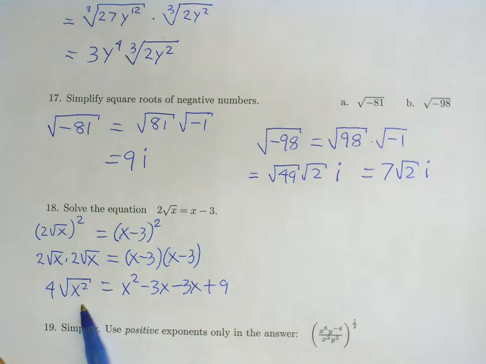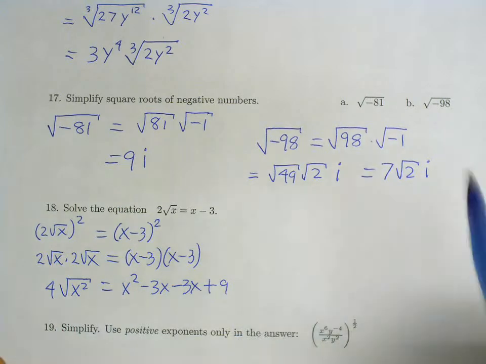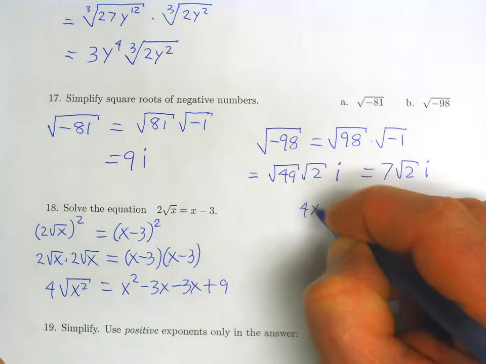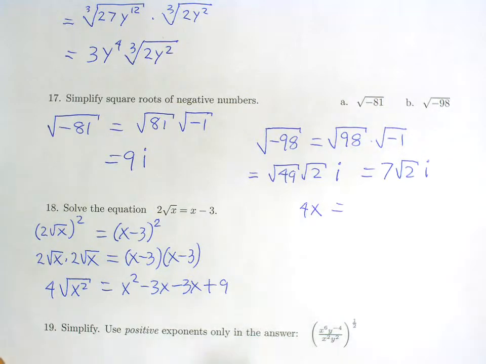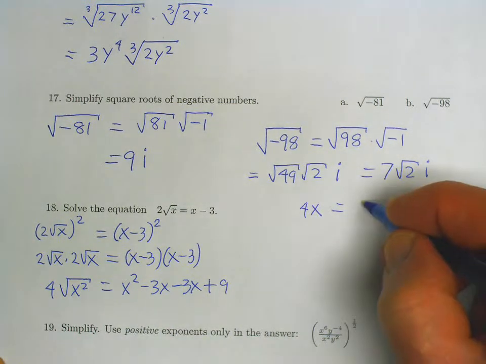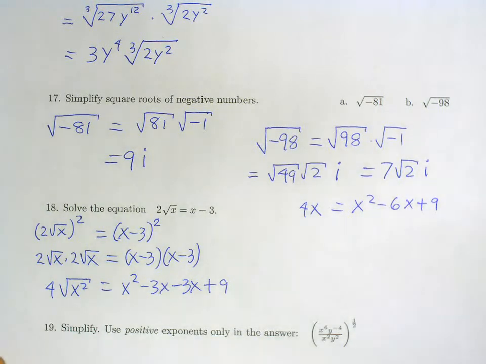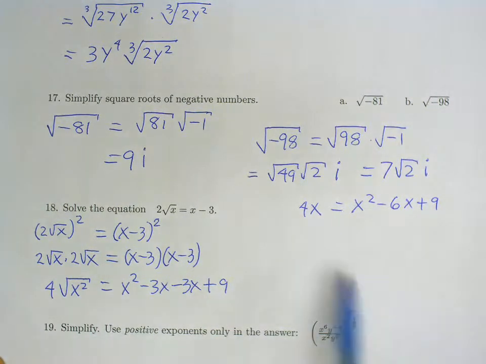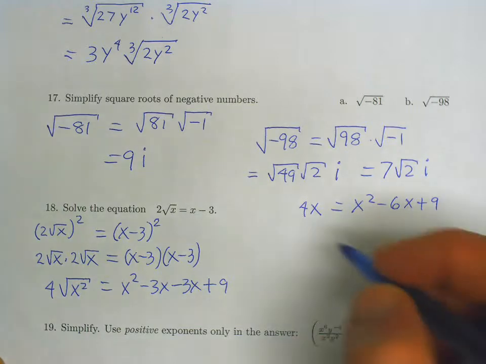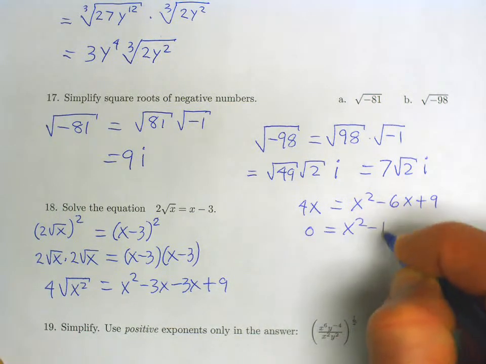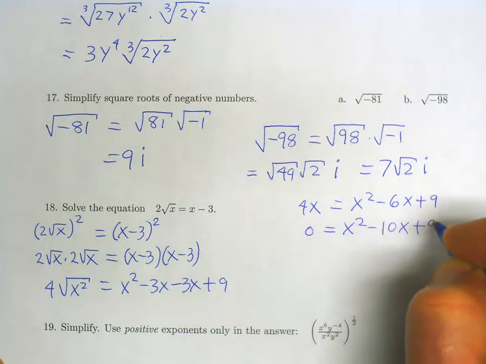Okay, the square root of x squared simplifies to x, so the left-hand side is 4x, and then we combine the like terms on the right-hand side, and we get x squared minus 6x plus 9. And then we subtract 4x from both sides. We get 0 equals x squared minus 10x plus 9.